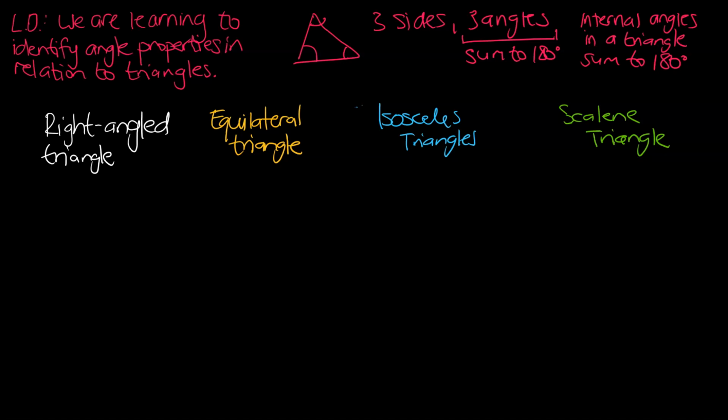Let's specifically get into the different types of triangles. So a right angle triangle, the name does give it away. It is a triangle with a right angle in it. So I'm going to do an abbreviation: it's a triangle with a right angle inside.